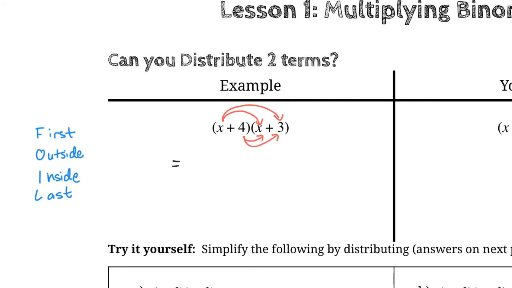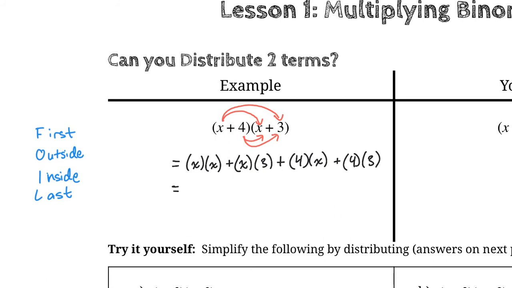So what does that actually look like? Our first two terms are just x multiplied by x. Our outside terms are x times 3. Our inside terms are 4 times x, and our last terms in each bracket are just 4 times 3. So now we can actually do that multiplication.